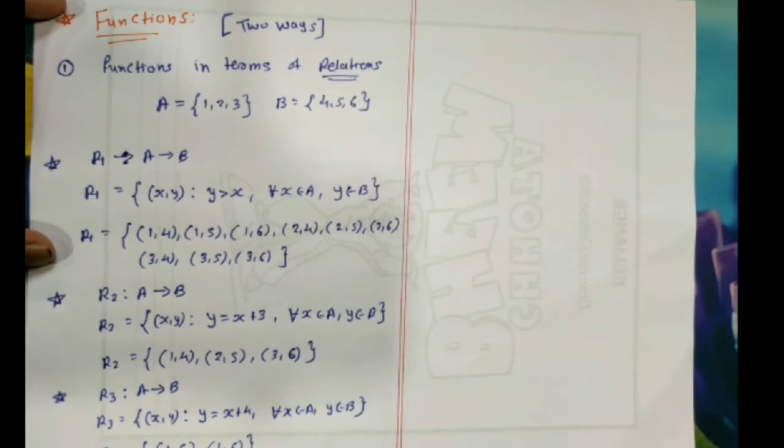Clear, students? We also considered relation R4, which was the empty set, that we are not considering right now. So let us now consider these three relations R1, R2 and R3.